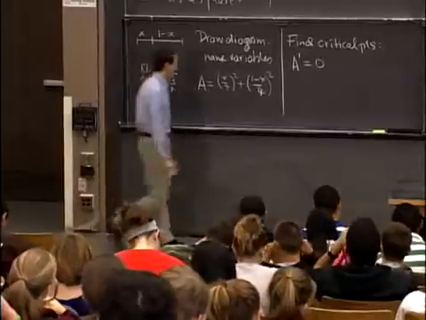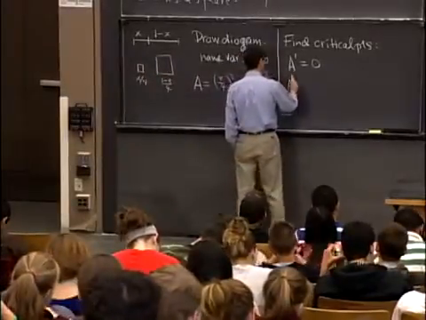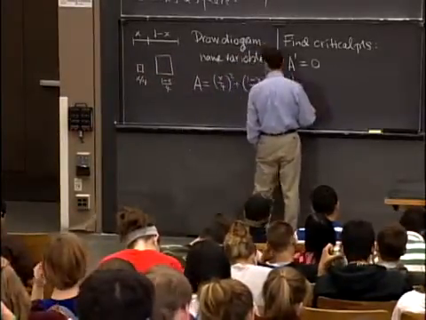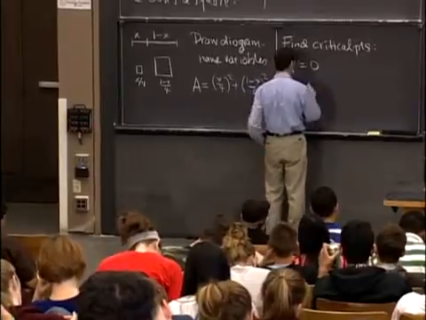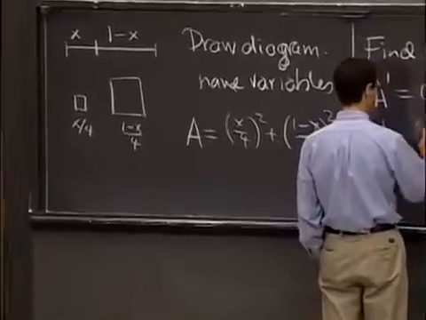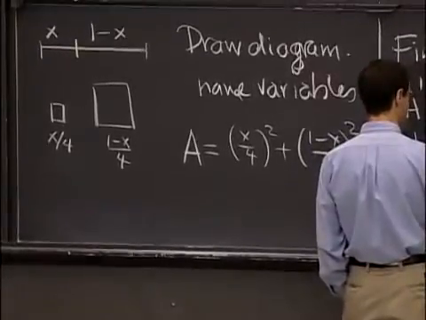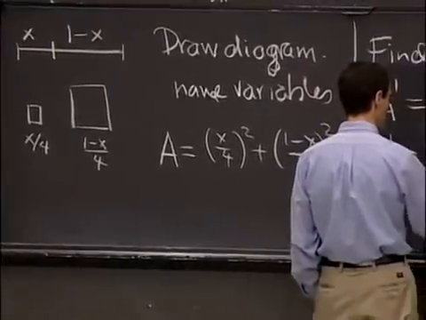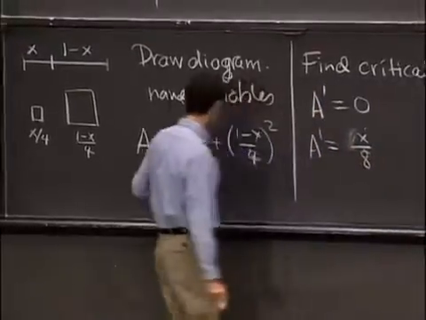So if I do that differentiation, I get, well, so the first one, x squared over 16, that's x over 8. That's the derivative of this.